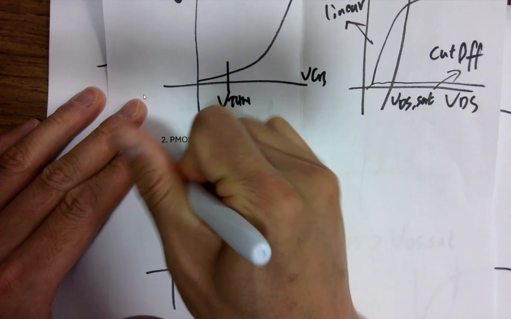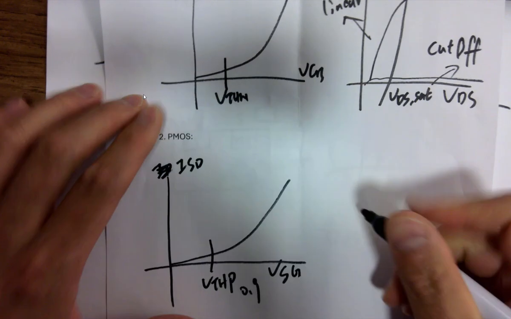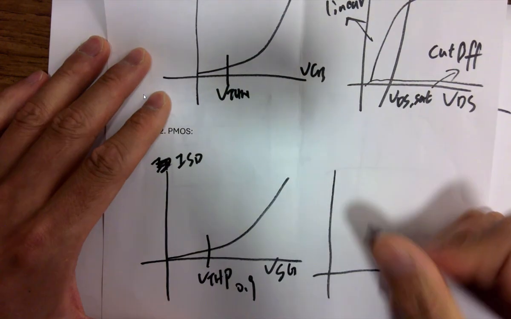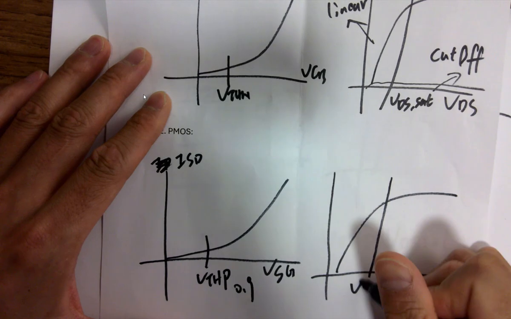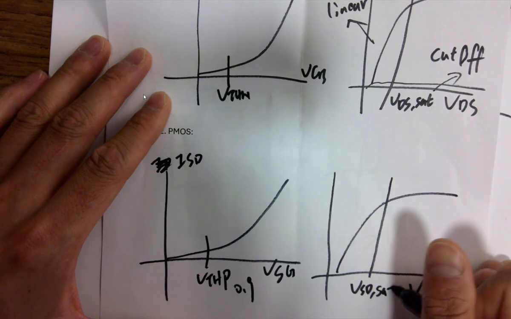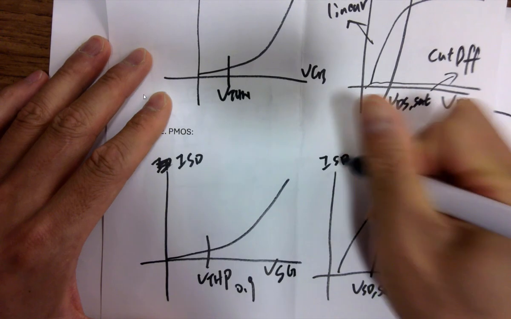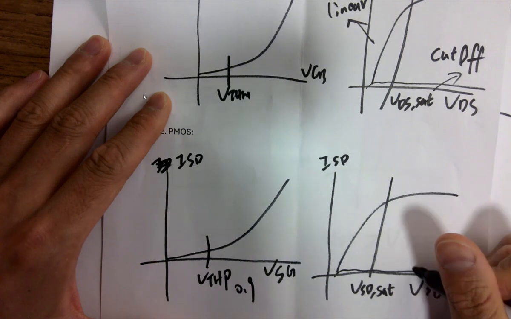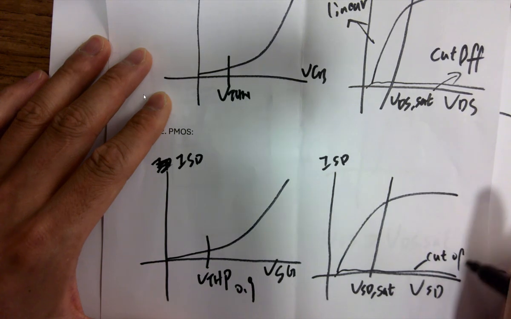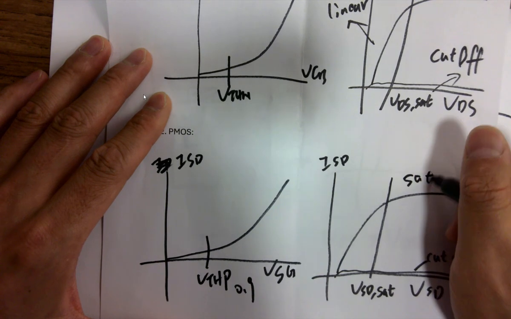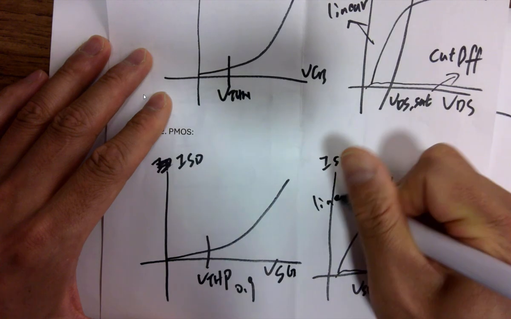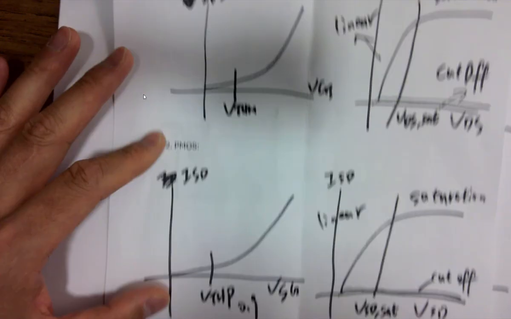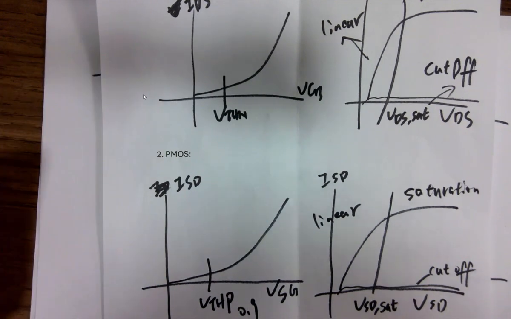Here's ISD, VSD, VSD set, ISD. Cutoff, saturation, linear. Okay?